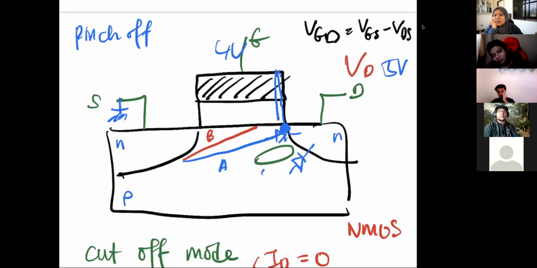It becomes like a drift current. That's what I think. How is it a drift current? Okay. But there's no channel. How is it possible?